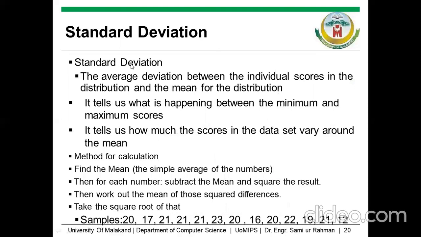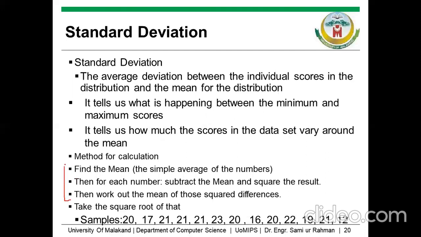And now standard deviation. So standard deviation is the average deviation between the individual scores in the distribution and the mean for the distribution. It tells us what is happening between the minimum and maximum scores. Now, the method for finding the standard deviation is up to these steps.